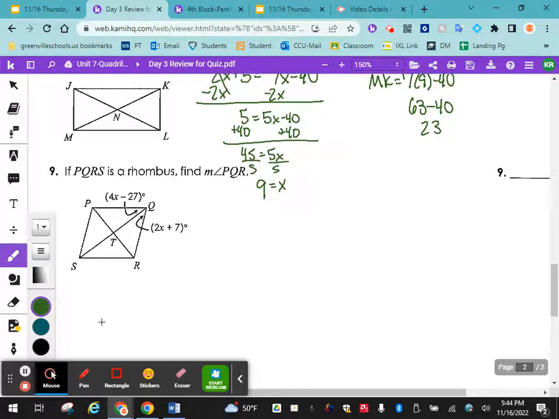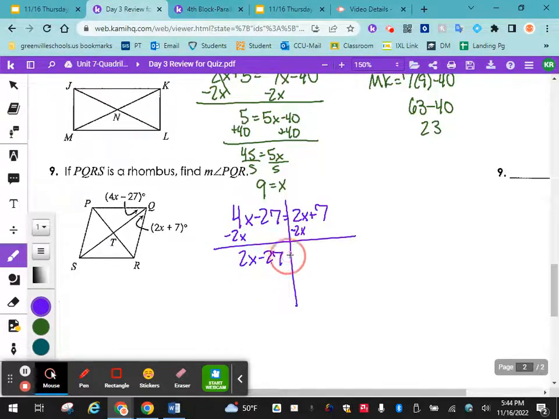And then lastly, in a rhombus, remember diagonals bisect opposite angles. So if it's cutting these in half, that means they are equal. Add over your 27. Divide over by 2. 17.